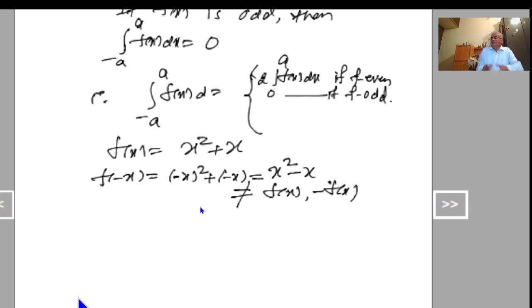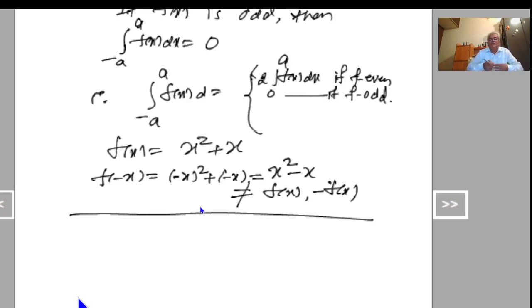Now, if the given function is even or odd, then how do we find the values of a0, an, bn for the Fourier series? Here we have the Fourier series f of x equal to a0 by 2 plus summation n from 1 to infinity an into cos of n pi x by l, plus summation n from 1 to infinity bn into sine of n pi x by l.